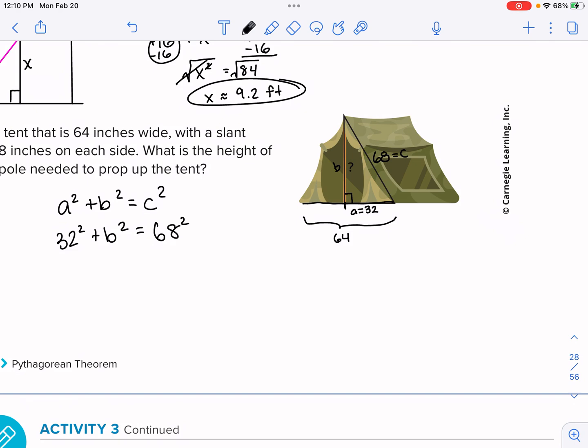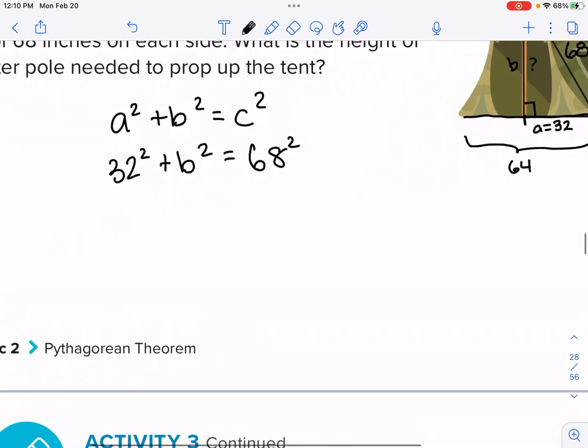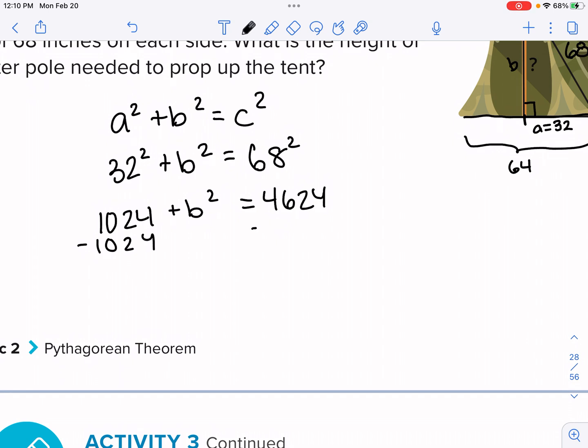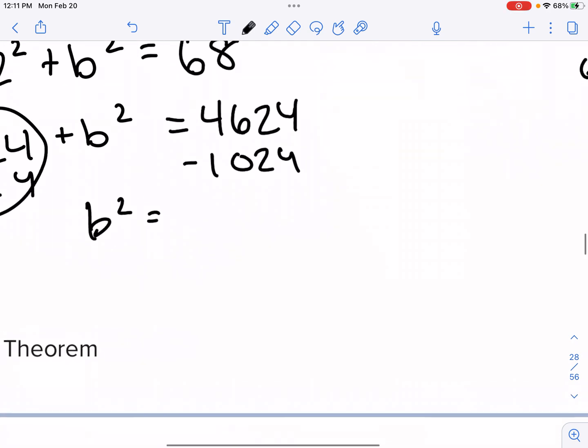Let's simplify. 32 times 32, I'm just going to give that to you. That is 1,024. 68 times 68 is 4,624. And if we subtract this to both sides, or we typically subtract when we're trying to find the leg of a right triangle, we're going to get b squared equal to, if you subtract this, notice 4 minus 4, 0. 2 minus 2, 0. 6 minus 0 is 6, and 4 minus 1 is 3.